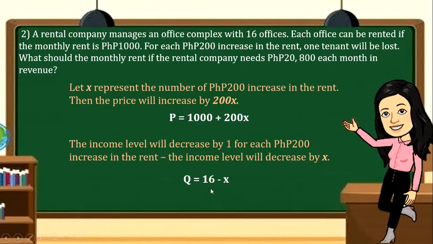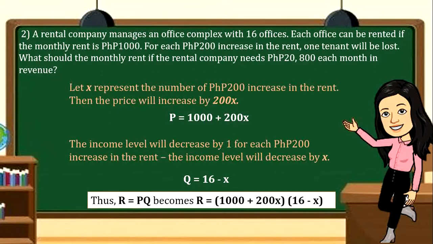So, that is minus x. Okay? So, balik tayo sa formula na revenue. So, R equals PQ. So, papalitan lang natin si P ng 1,000 plus 200x and then si Q ng 16 minus x and then multiply.